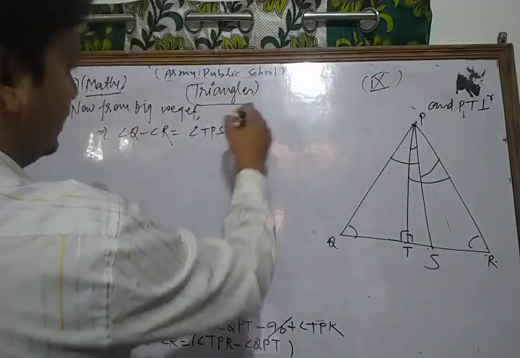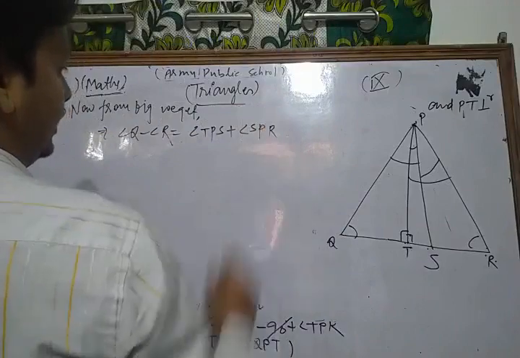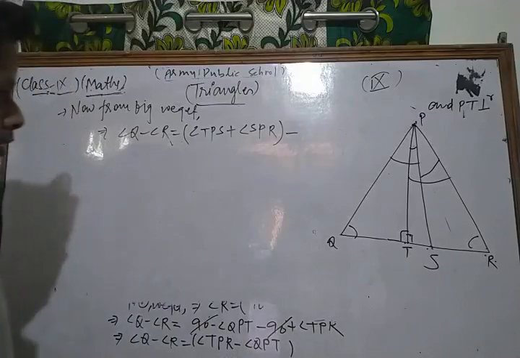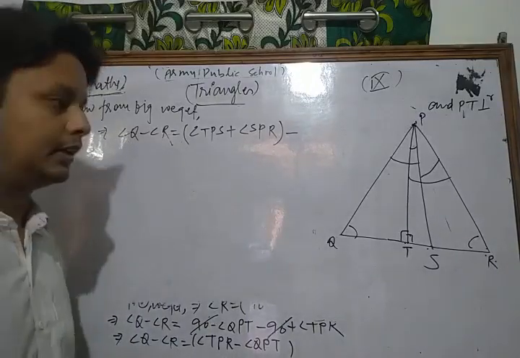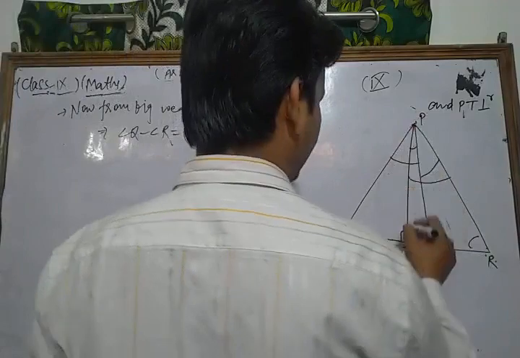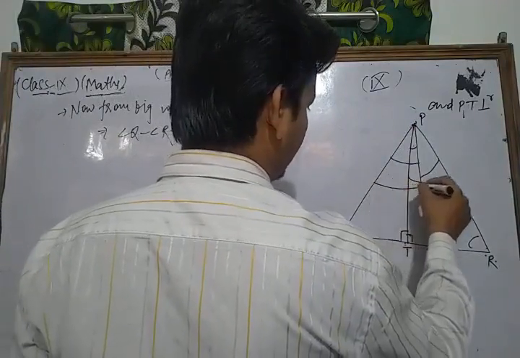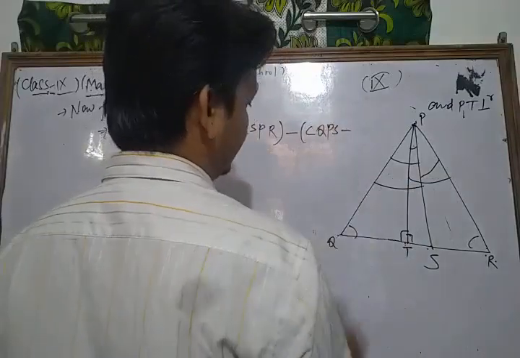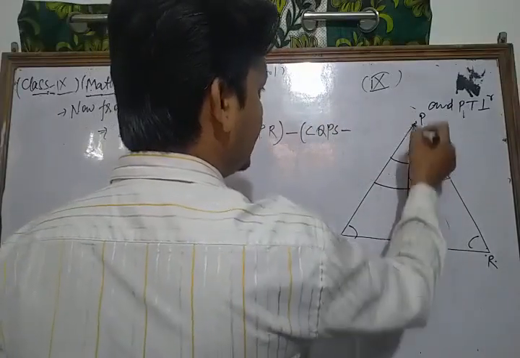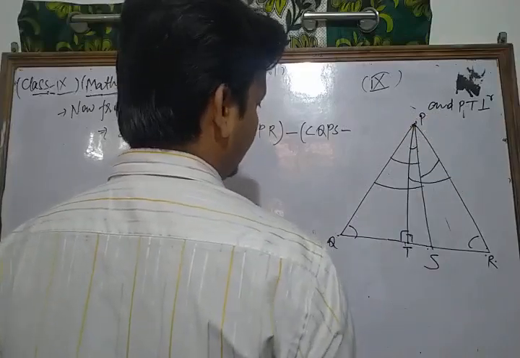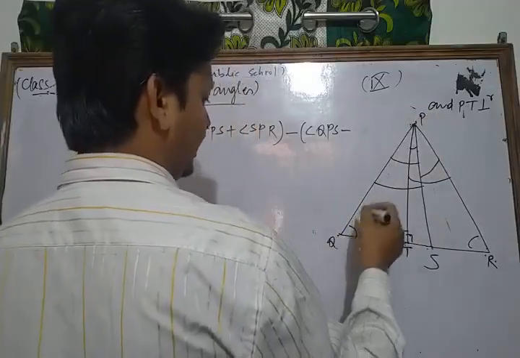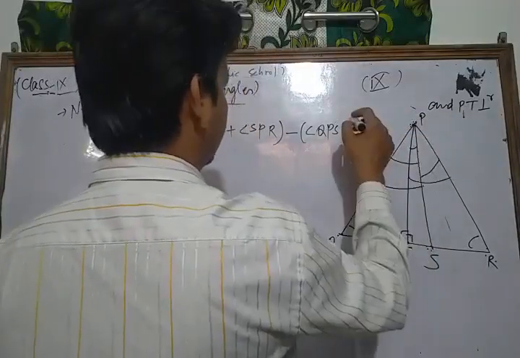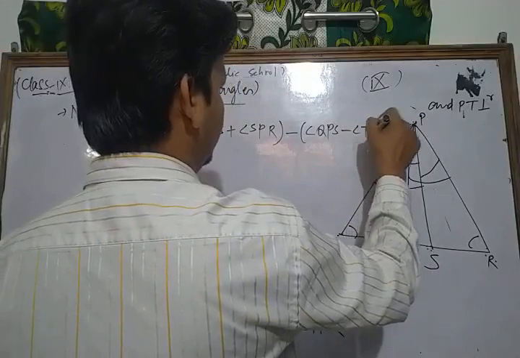And angle QPT we write as angle QPS minus angle TPS.